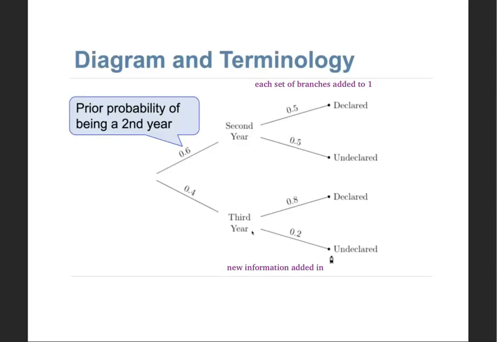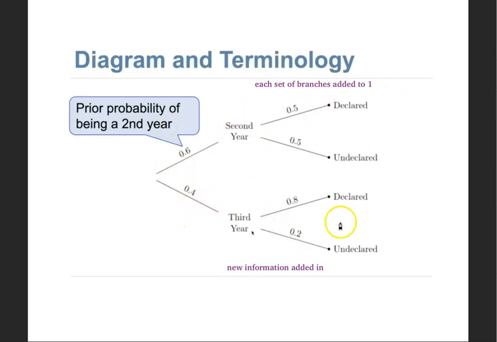So what did you find? Every time we branch out, each set of new branches adds up to 1. When we have new information, we just continue to add to our tree diagram. This first one is the prior probability, or stage 1.